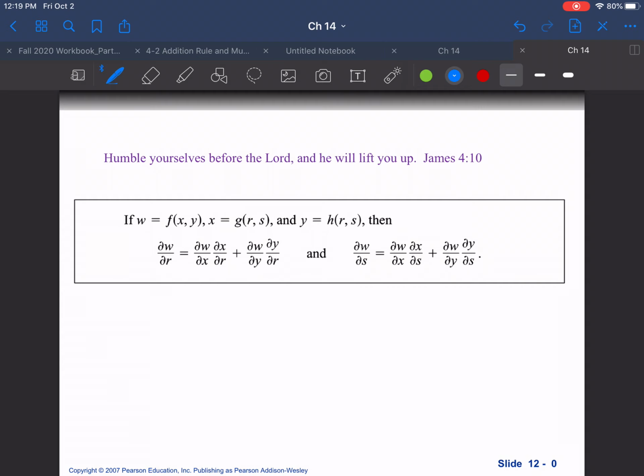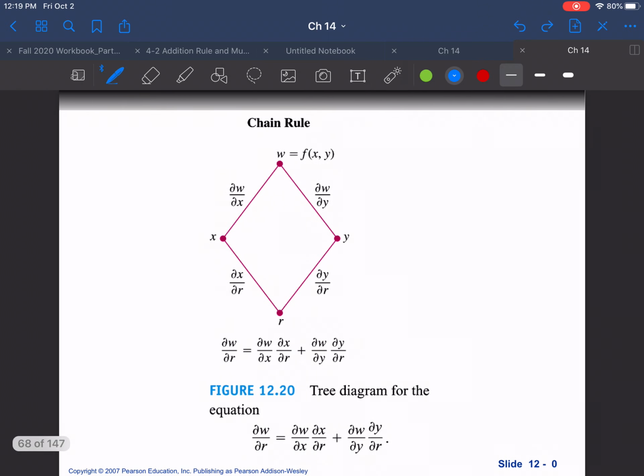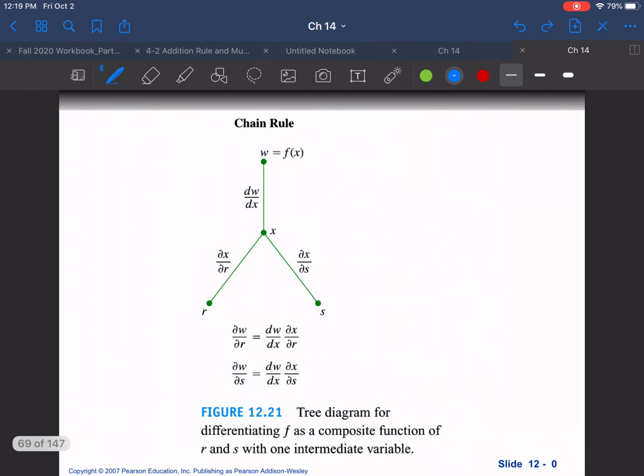We just don't have the plus z terms over here. So it's a simplified version, but it'll still work if you go back down to something like that. Okay, and there is a nice tree diagram for this one again, and you can see that it works again. You just don't have that third branch to go through.